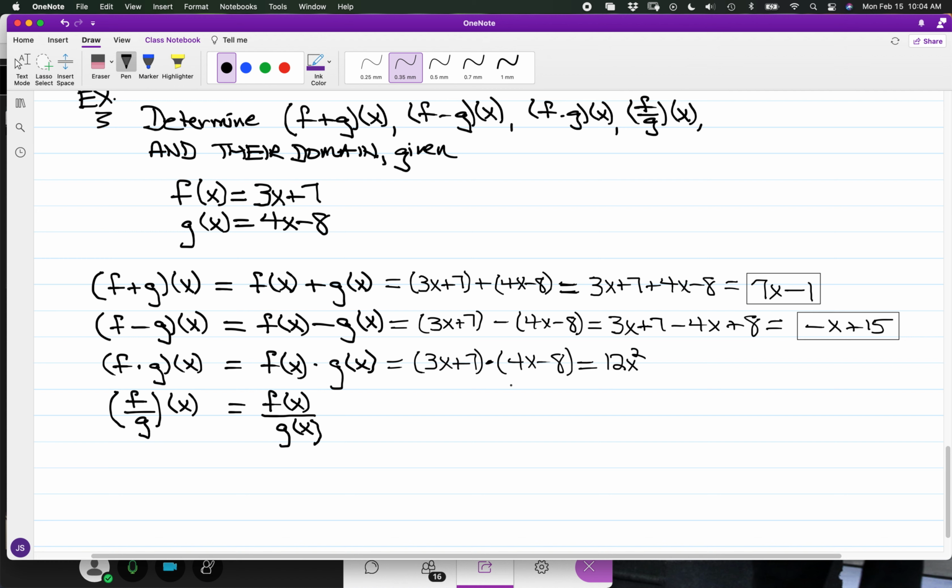And we have the outside product, negative 24x, and we have plus 28x. Last product, we have negative 56. And I'll just move down here. If I combine like terms in the middle, I'm going to have 12x squared plus 4x minus 56.